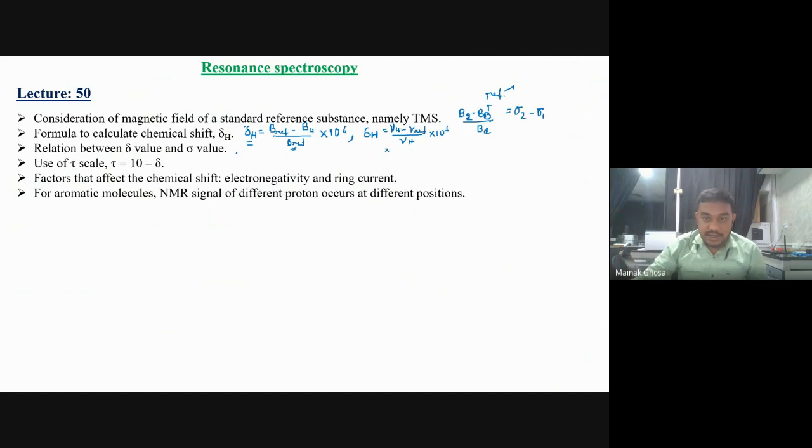And this is related also to sigma 2 minus sigma 1. Since you know sigma for one, you can easily say that. So delta is related to the sigma, and then there was a very easy discussion on the tau scale. The tau scale can also be used. Tau scale is defined from whatever value you are getting from this delta.